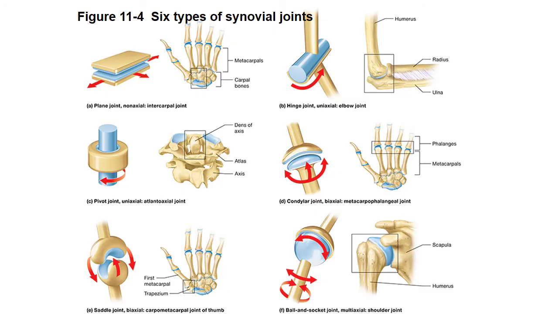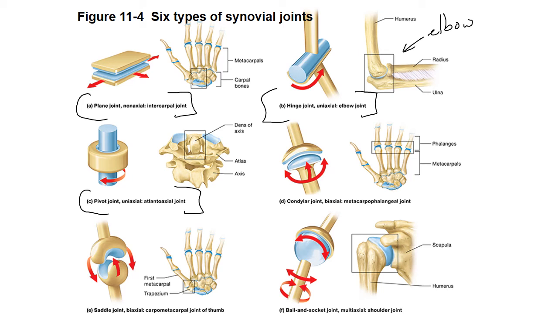Synovial joints. You have the planar joint here, A, B, a hinge joint. Show an example of the elbow there. And then a pivot joint, C. So the dens on this is C2, C1.